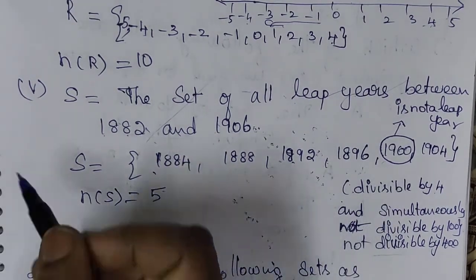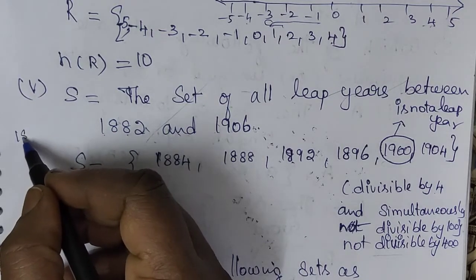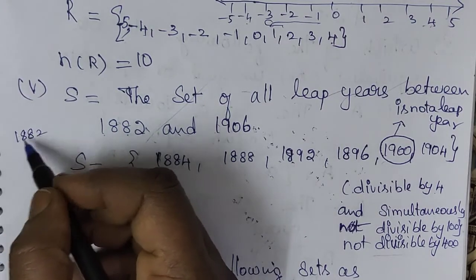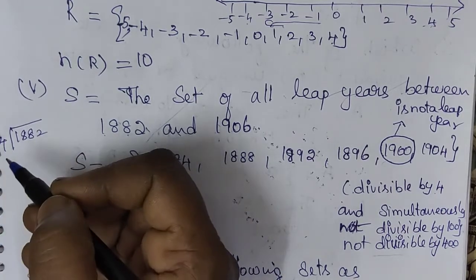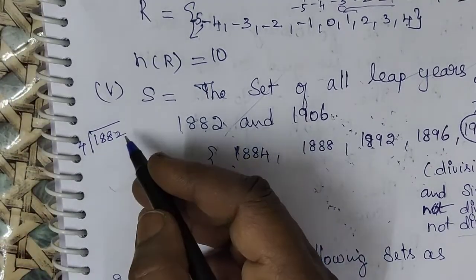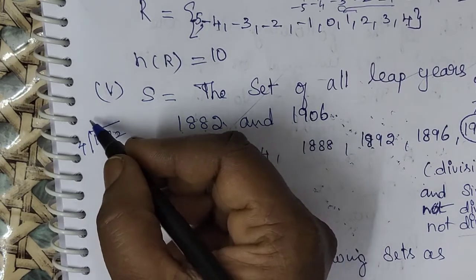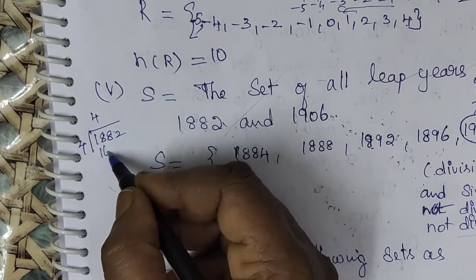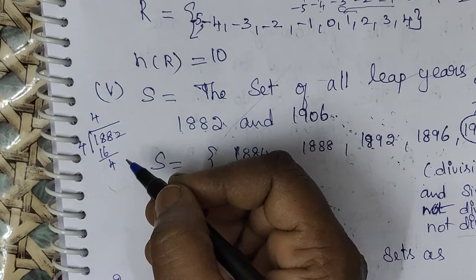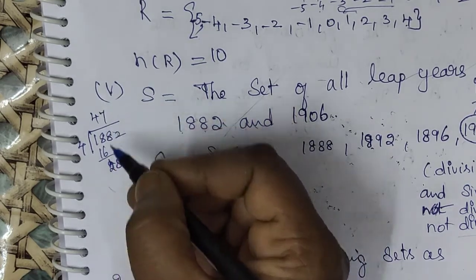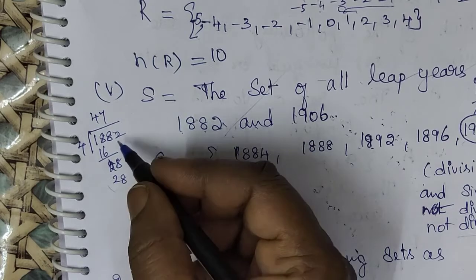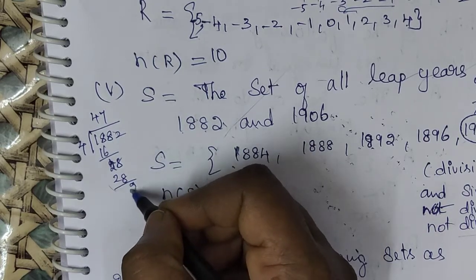Now we divide 1882 by 4. Why? Because we are going to find out the leap year. 4 4s are 16, 7 4s are 28, balance 2.